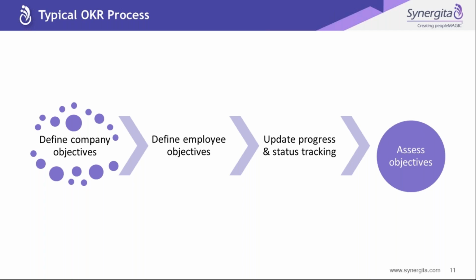Once the company OKR is published, the team or the employee draws their objectives and key results. Post which the employee keeps updating their own progress, and the manager can do the overall status tracking. And finally, the objective is met.